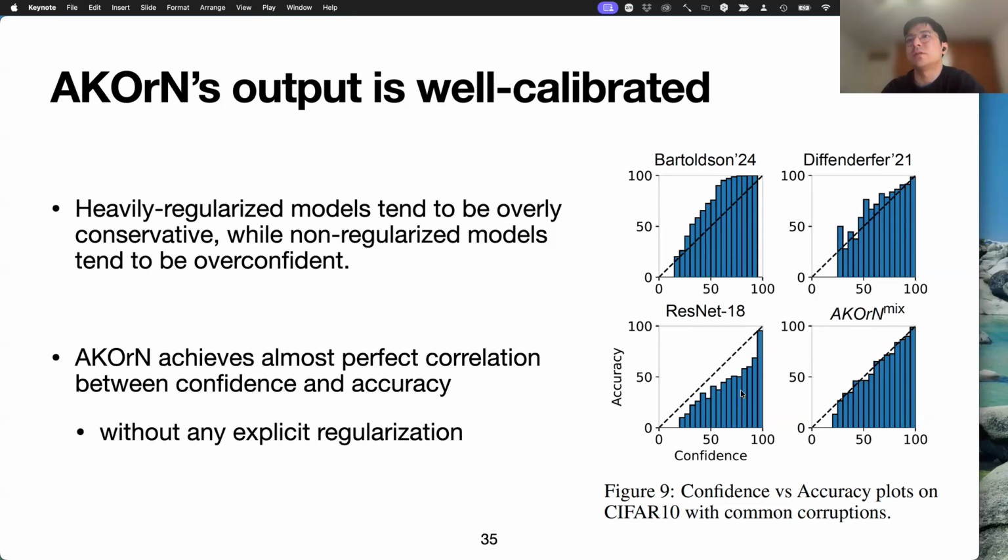ResoNet is overconfident and the regularized model is over-conservative, while AKOrN's confidence is very well calibrated. It almost achieves a linear correlation between accuracy and confidence.